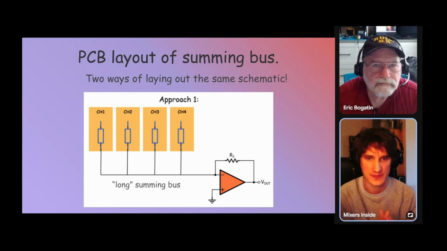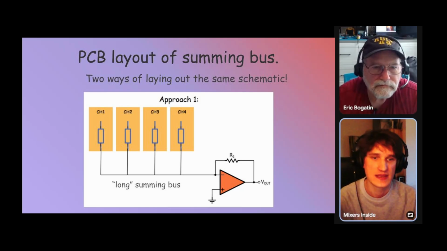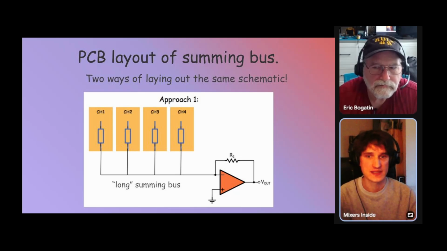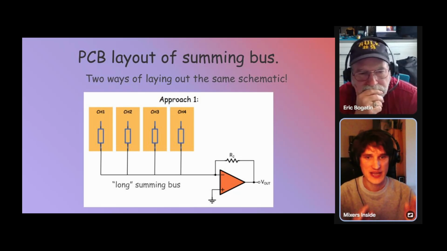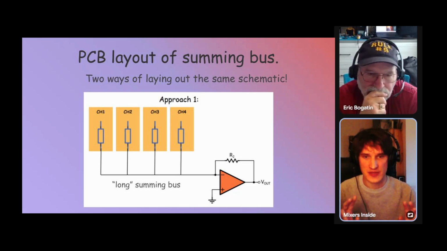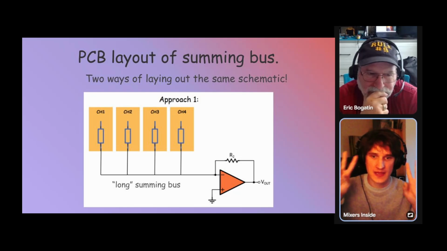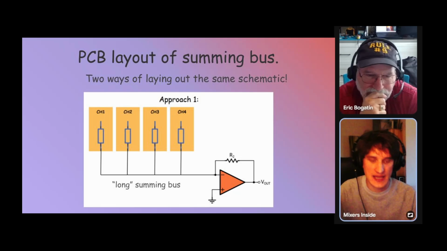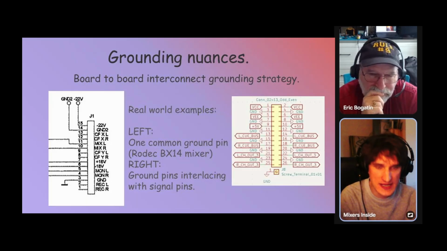But what happens if we link those signals via resistors and run them through the summing bus? So the summing bus becomes at ground potential, yes?